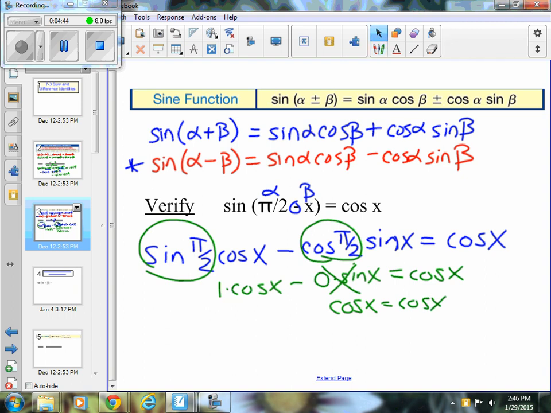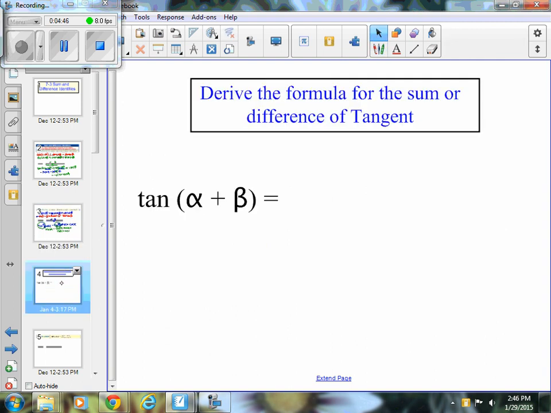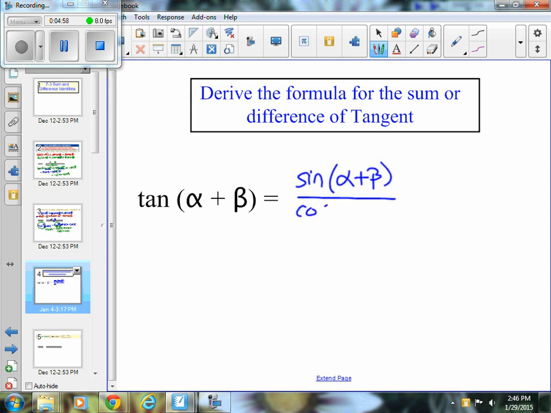All right, now let's take a peek at what happens for tangent. To find the tangent formula, we're actually going to derive this one. I'm going to derive it from what tangent is equal to. Tangent is equal to sine over cosine, so it's sine of alpha plus beta over cosine of alpha plus beta. So if I think of the same sort of substitutions we were doing before, now I'm actually going to write out what those formulas are.